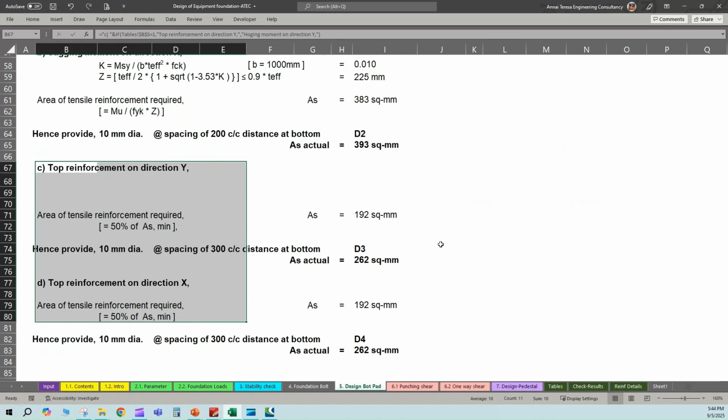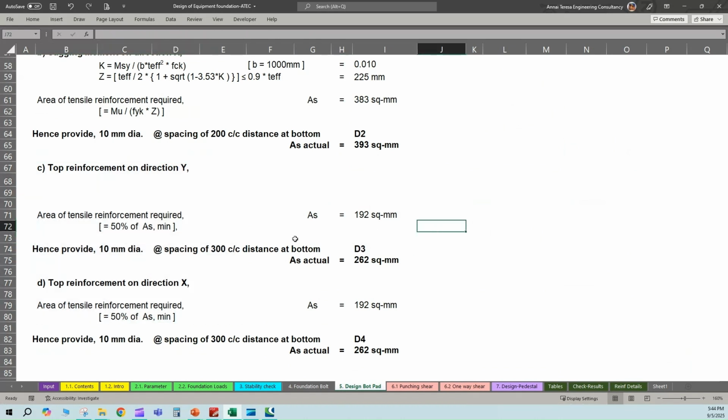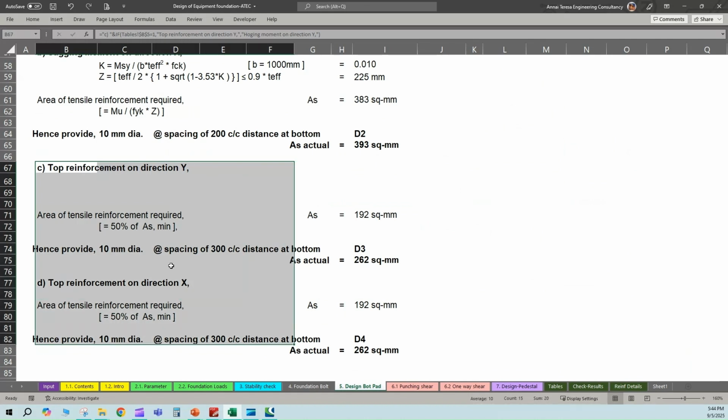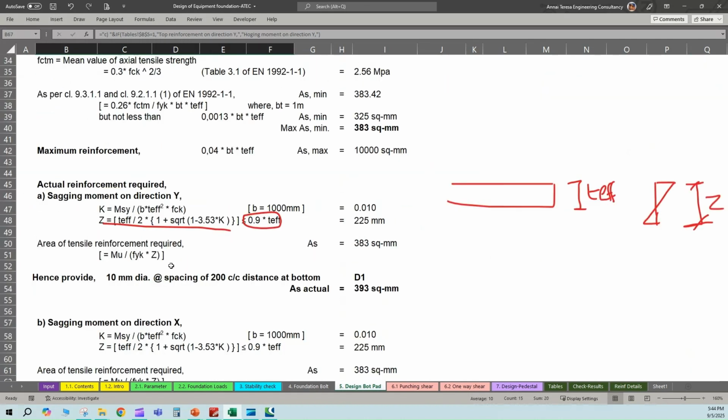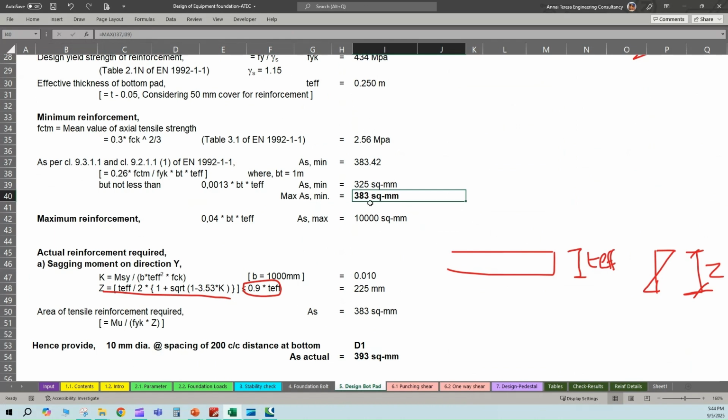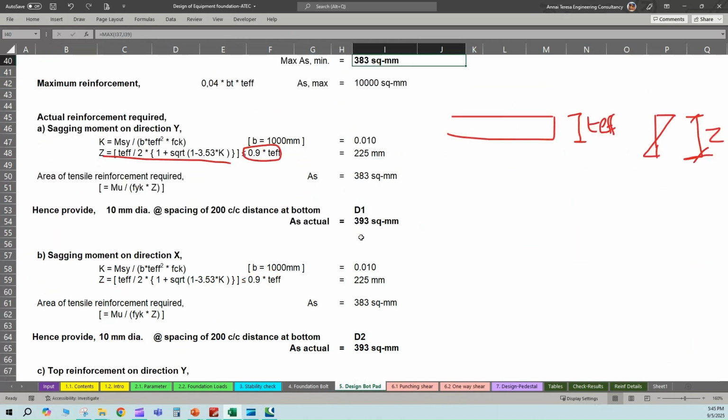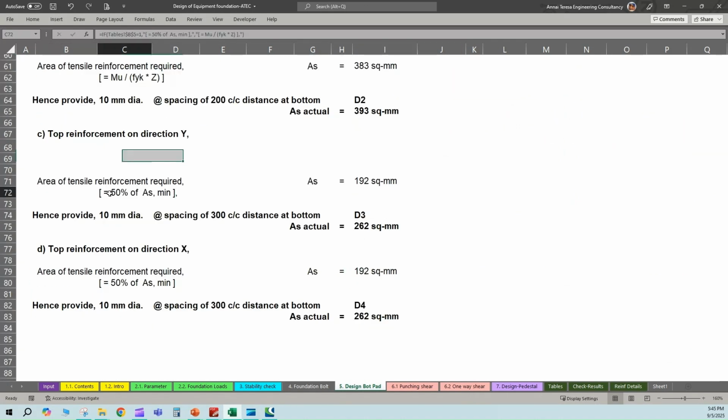However, in order to have a balanced reinforcement, we can provide some 50% of the minimum reinforcement that we calculated here, 383 square mm. We can consider 50% on both sides as top reinforcement, 192 square mm.